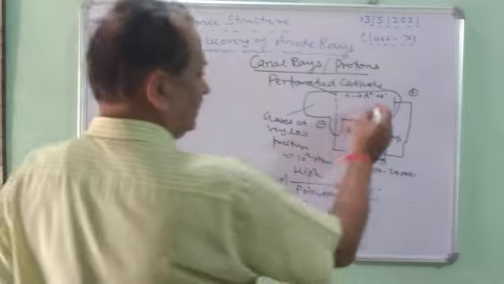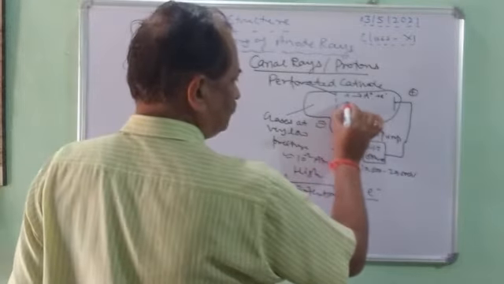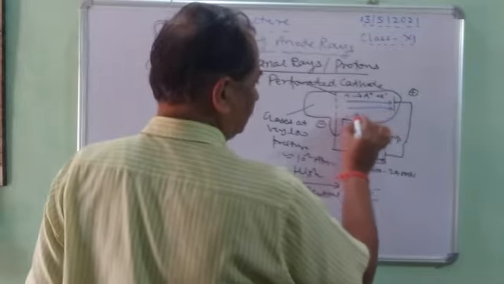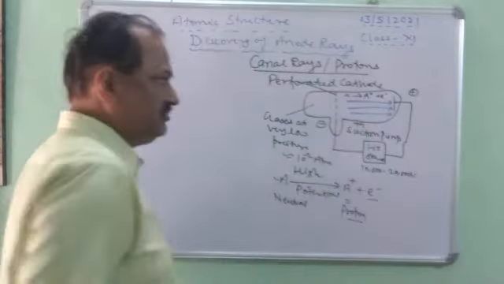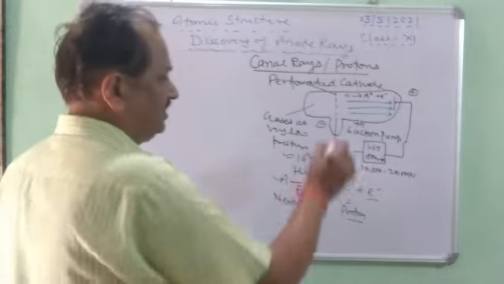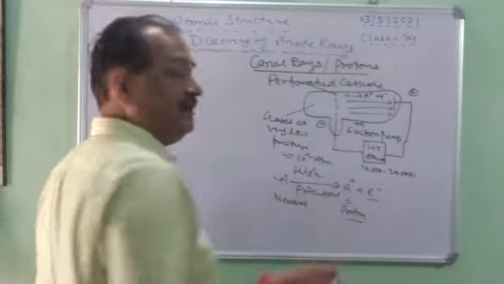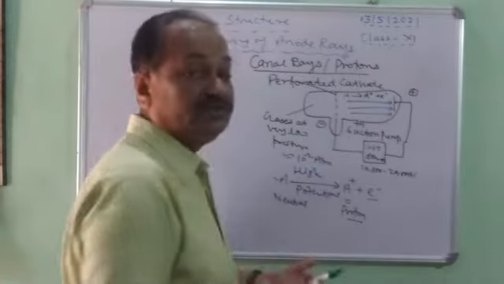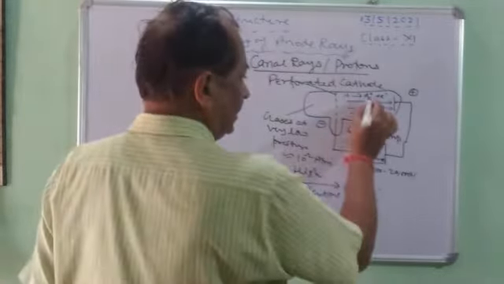So the electrons will be moving like this. This blue color indicates the movement of cathode rays. But the anode rays, I am using the black color for this.